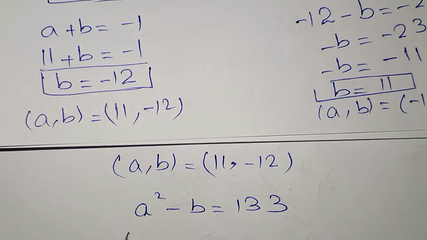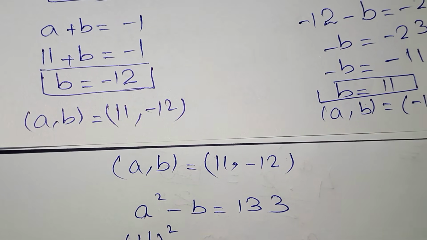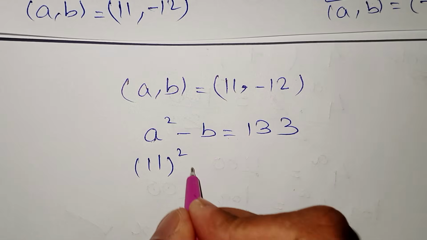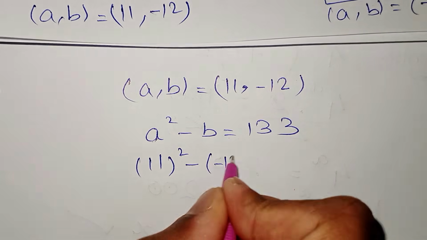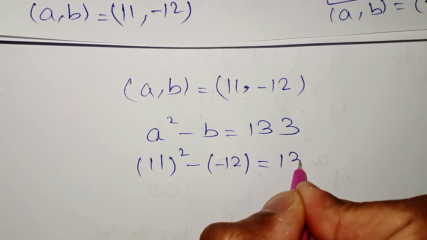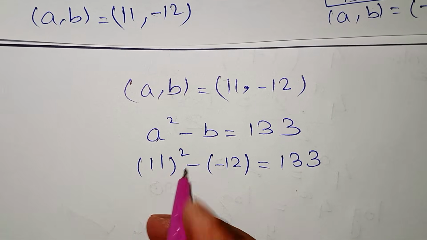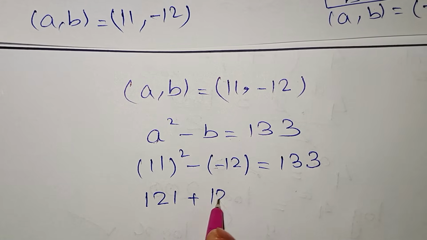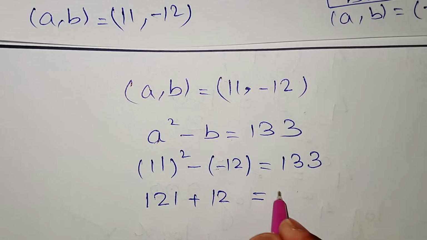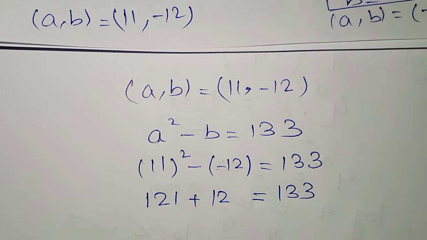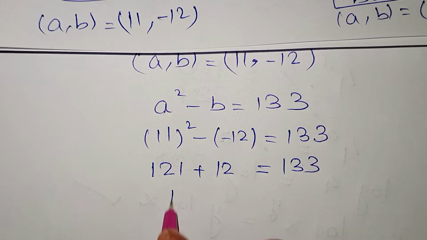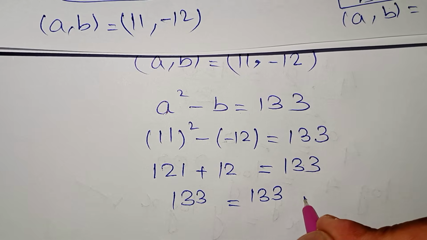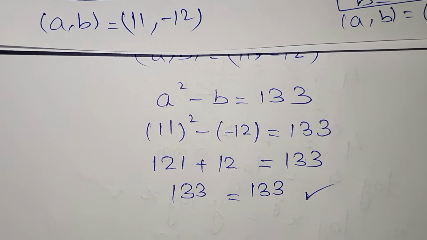What is a? 11² − (−12) = 133. 11² is 121 plus 12 is 133, equal to 133. It means left-hand side equals right-hand side.